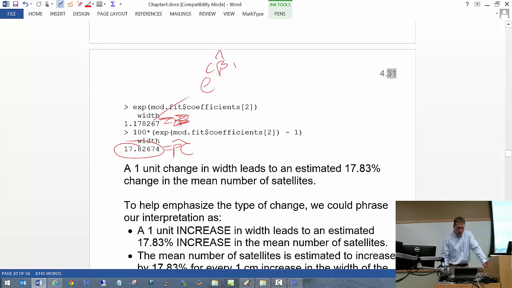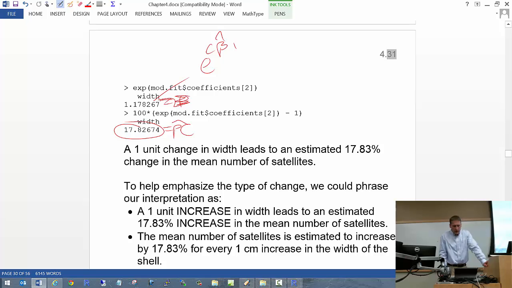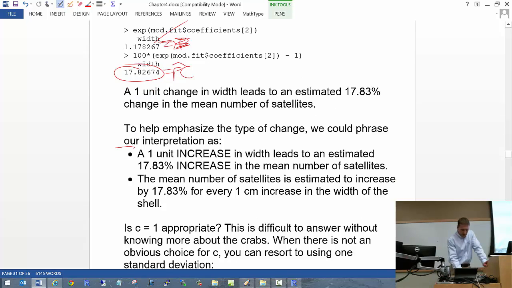So what does this mean? A 1 unit change in width leads to an estimated 17.8% change in the mean number of satellites. Now notice I don't necessarily say a positive or a negative change. I just say a particular change. And so some people might prefer alternative wording, something like this.